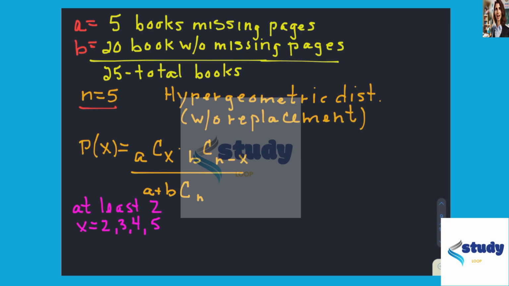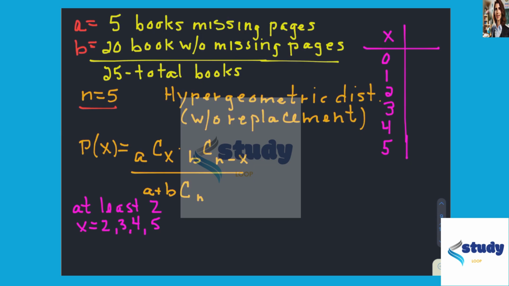If I were to generate a probability chart, when I reach into this 25 set of books and inspect a book, I might find none with missing pages, or 1, or 2, or 3, or 4, or 5.